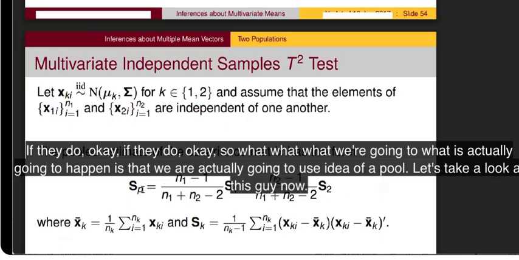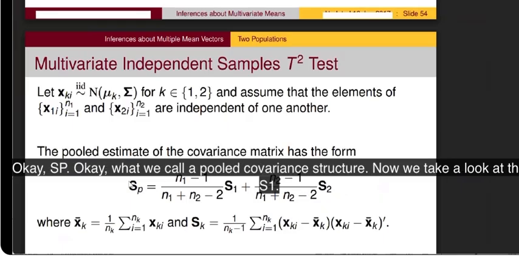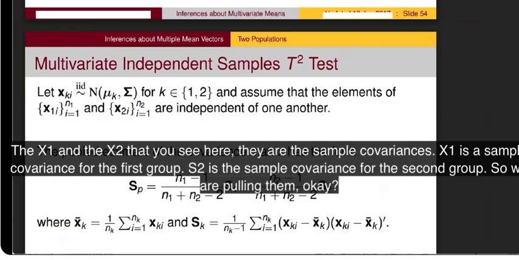If you take a look at this, SP is what we call a pooled covariance structure. S1 and S2 that you see here are the sample covariances. S1 is the sample covariance for the first group. S2 is the sample covariance for the second group. So we are pooling them.